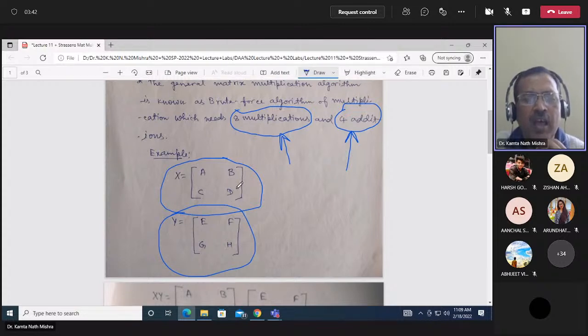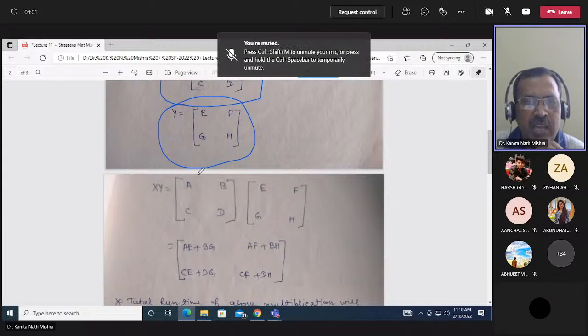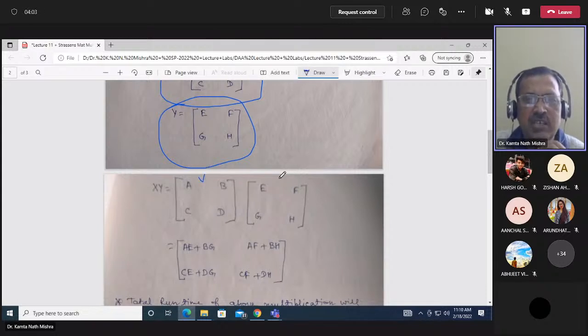And second row of matrix X into second column of matrix Y, if you multiply them together, you will get the last value. So this is the value of X into Y. X is A, B, C, D, Y is E, F, G, H, and this is the multiplication.